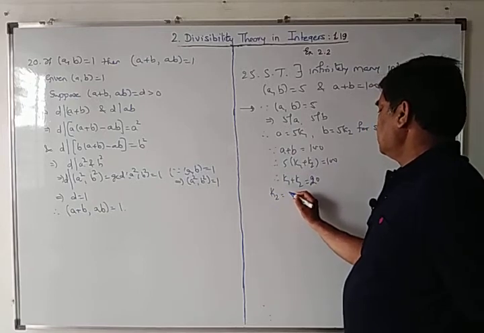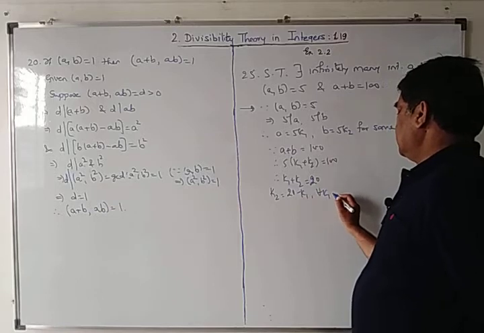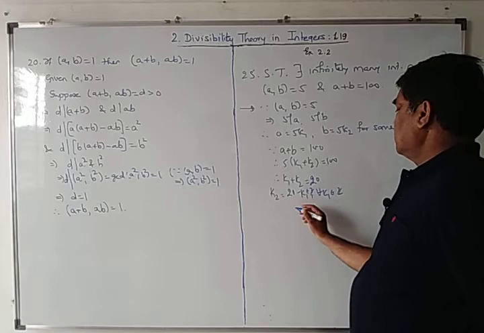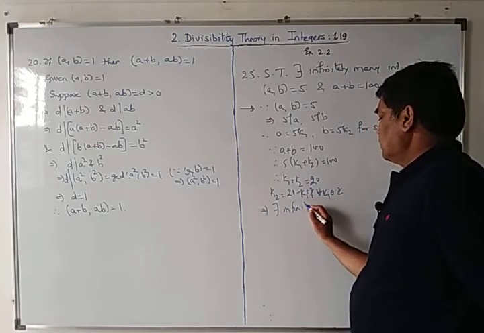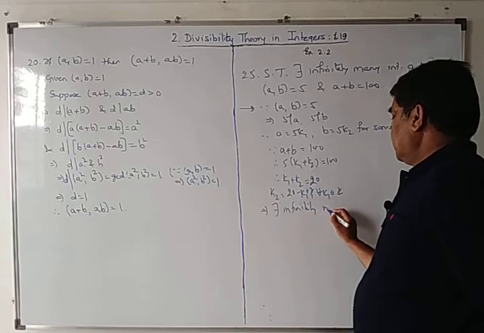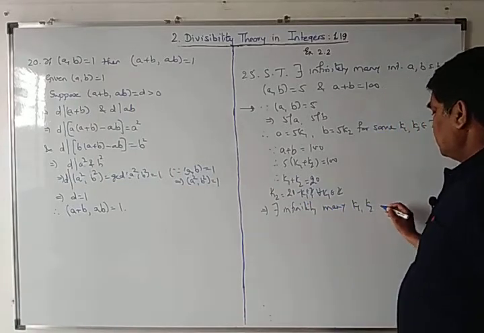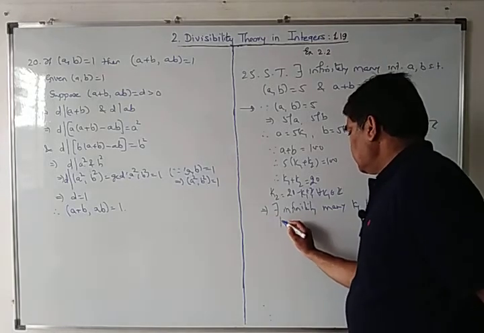So k2 is equal to 20 minus k1 for any k1 belongs to Z. Implies there exist infinitely many pairs k1, k2 belongs to Z such that k1 plus k2 is equal to 20.